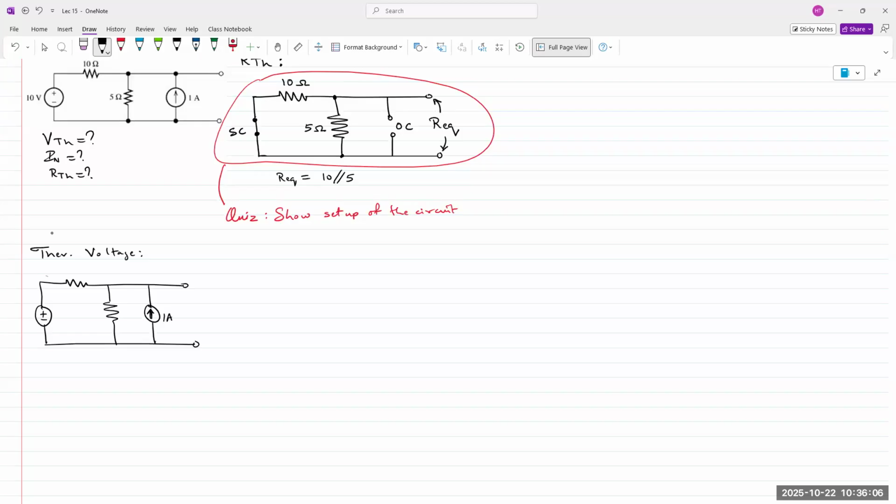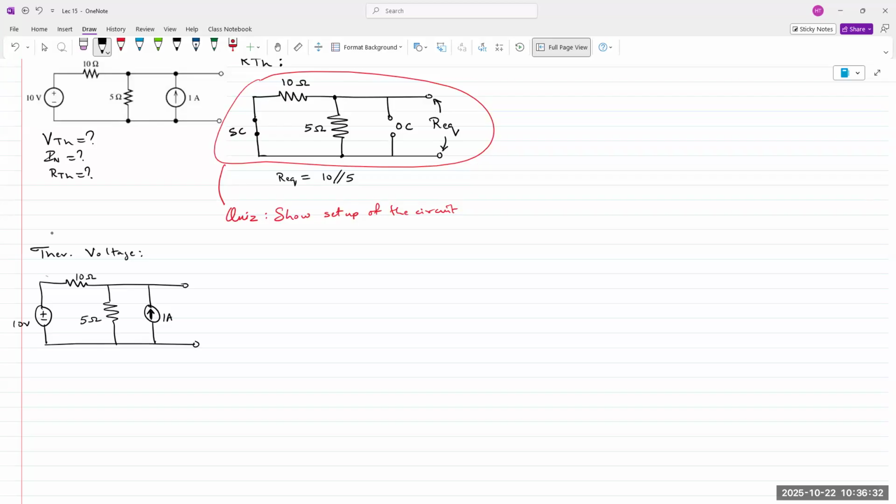So 1 amp, 5 ohms, 10 ohms, and 10 volts. And in this case, we are not looking at it from the perspective of any other component. Okay, this is an important point that I point out in the lecture video. Okay, so please again review those very carefully.